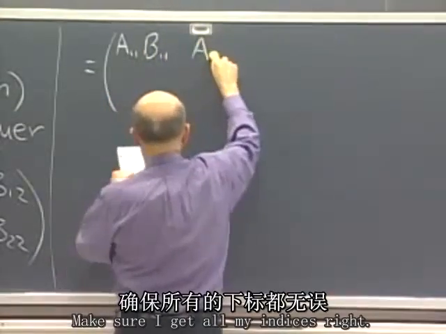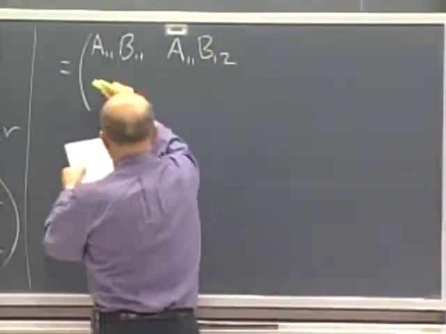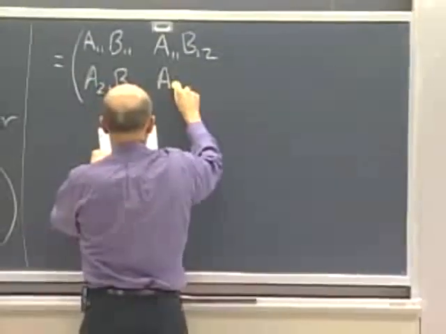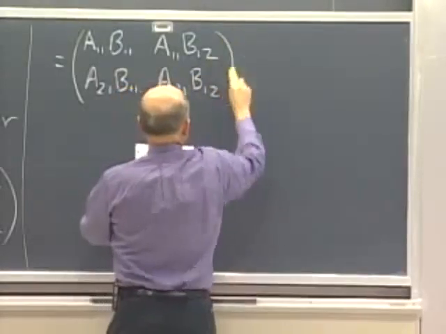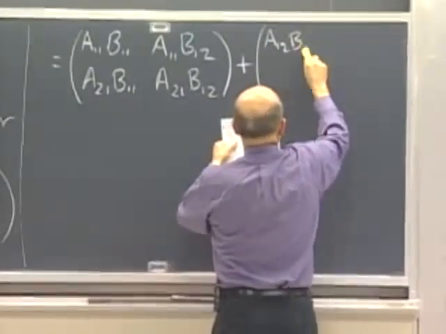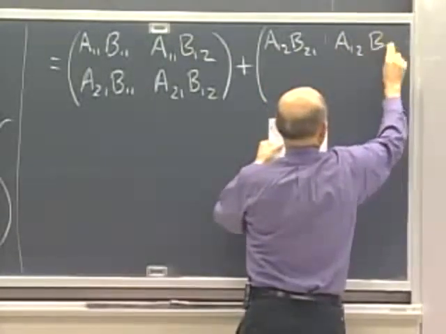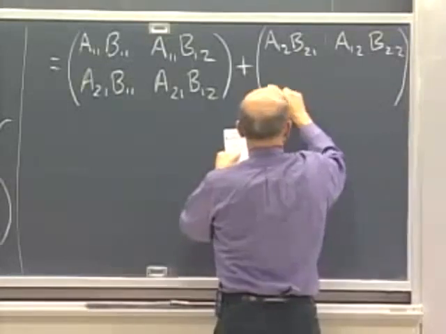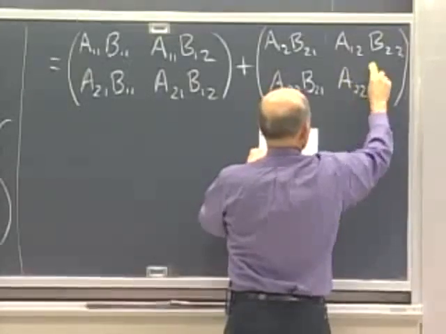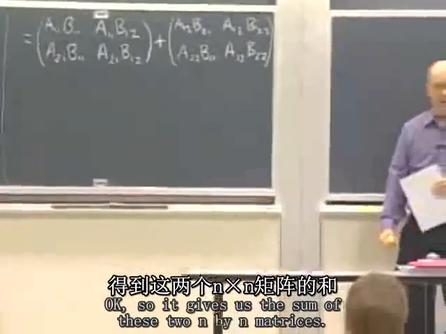Make sure you get all my indices right. Okay, so it gives us the sum of these two n by n matrices.